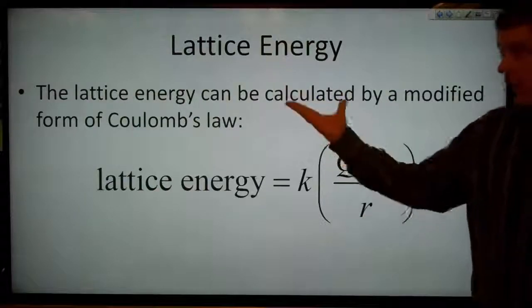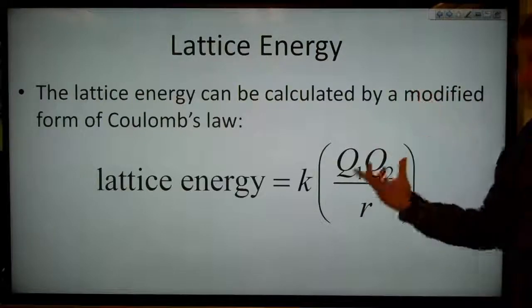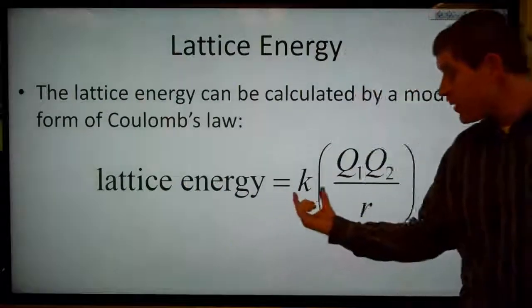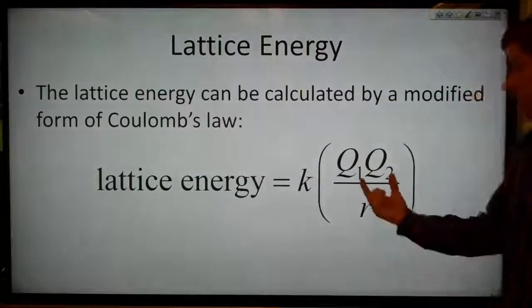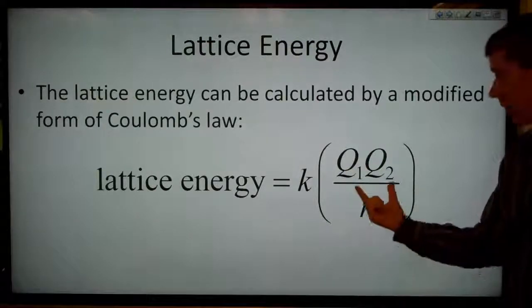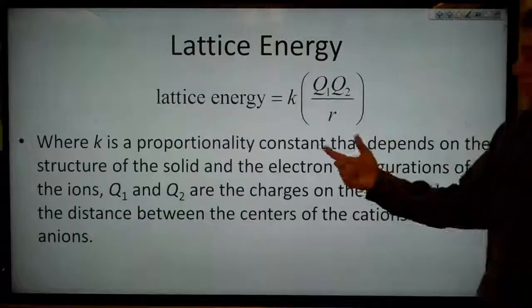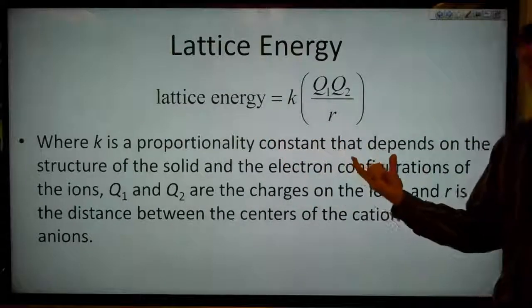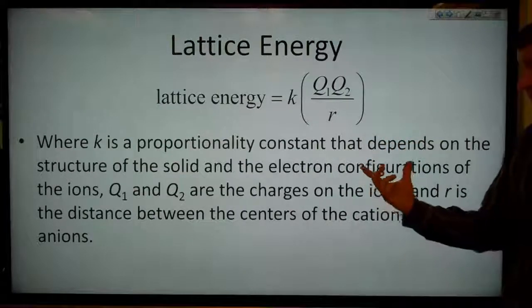This lattice energy can be calculated by a modified form of Coulomb's law, where the lattice energy is equal to a constant K, which is different than the constant in Coulomb's law, times the same sort of quantity in parentheses that we had for Coulomb's law, Q1 times Q2 over R. K here is a proportionality constant that depends on the structure of the solid and electron configurations of the ions.